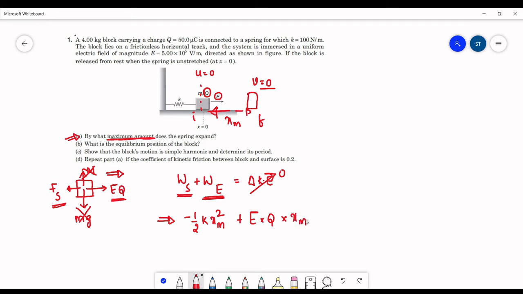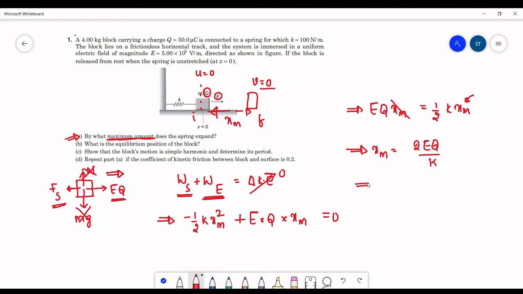As displacement and force are in the same direction, the work done will be positive. So the sum is equal to 0. From here we can write EQ into xm is equal to half k into xm squared. We can cancel out xm here. So xm is equal to 2EQ upon k.